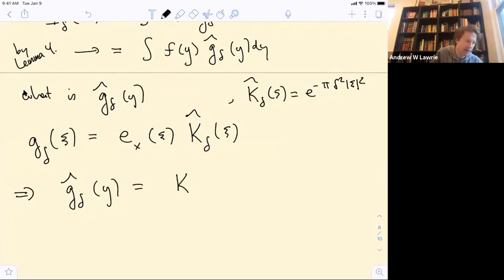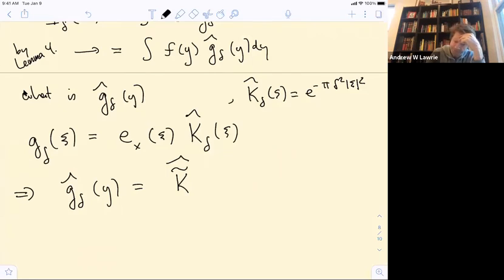So this means that g delta hat of y is just equal to k hat, sorry, so I got my sign correct here.